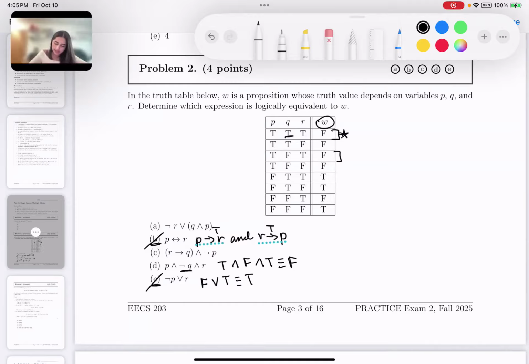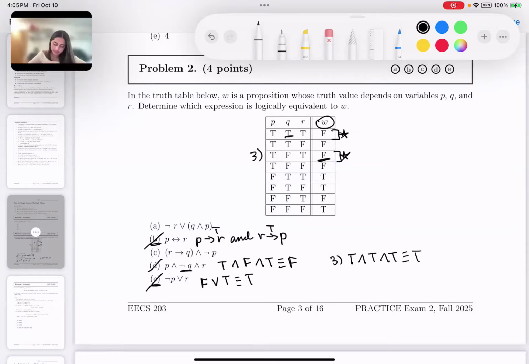However, instead we get false over here, so we know that D is not going to work. To recap, if we look at this specific row, which I'm going to call row 3, we have true and not false, which is true, and true, so this should be equivalent to true. However, we have a value of false over here.